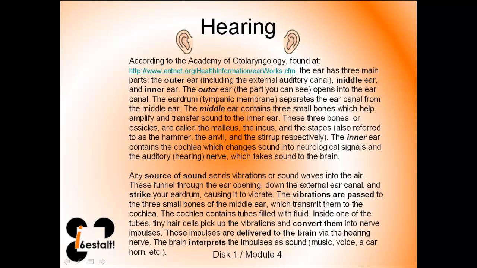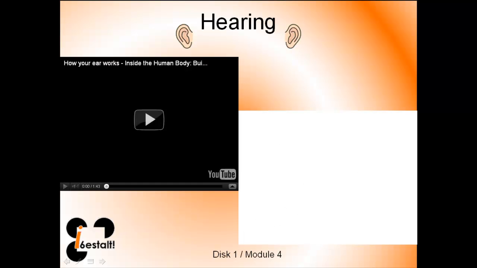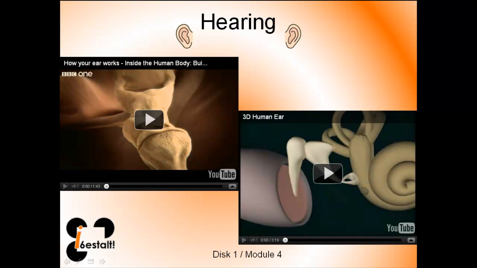These impulses are delivered to the brain via the hearing nerve. The brain interprets the pulses as sound, such as music, a voice, a car horn, or whatever the case may be. So that's a textual description of the hearing. Let's check out a few videos and find out exactly how the human ear works.